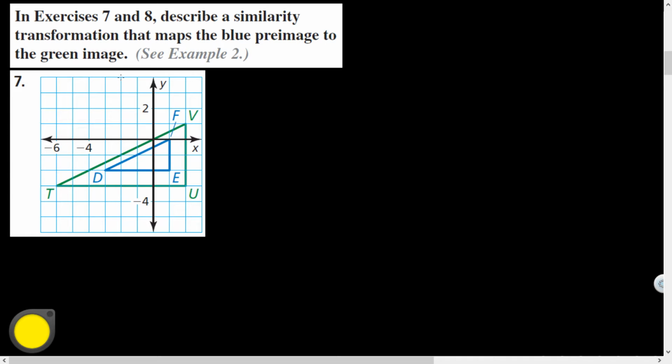Question 7. Describe a similarity transformation that maps the blue pre-image to the green image. All right. Step 1. What's someone got for a step 1? Josh. Okay, so dilate in which K is equal to 2, you're saying?